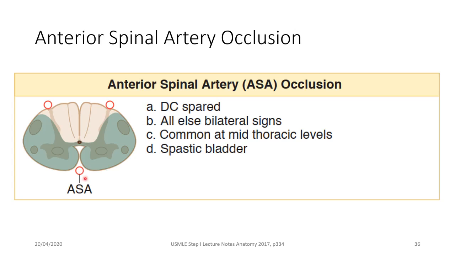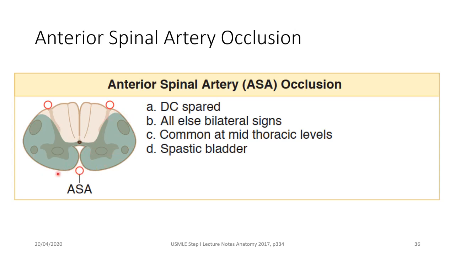So when there is a clinical syndrome of anterior spinal artery occlusion, for example, if the anterior spinal artery is occluded, or let's say the segmental medullary arteries that supply the anterior spinal artery become obliterated, the blood supply in the anterior spinal artery will become insufficient. And when the anterior spinal artery is not supplying blood to the spinal cord, the anterior two-thirds of the spinal cord will be damaged.